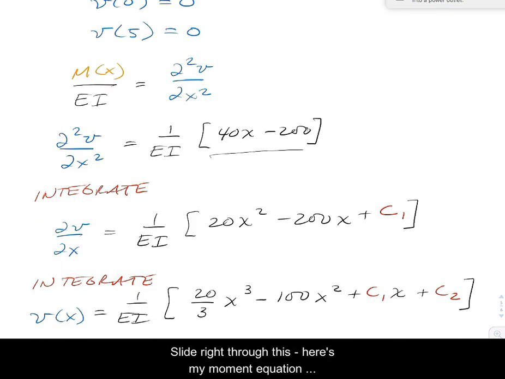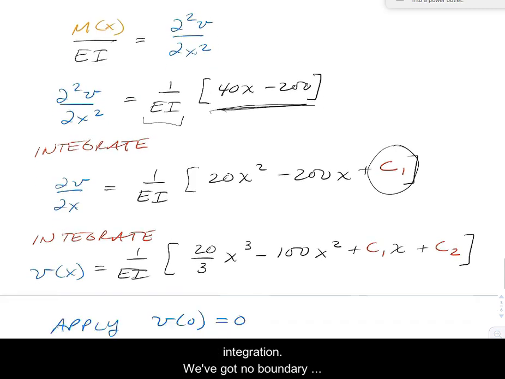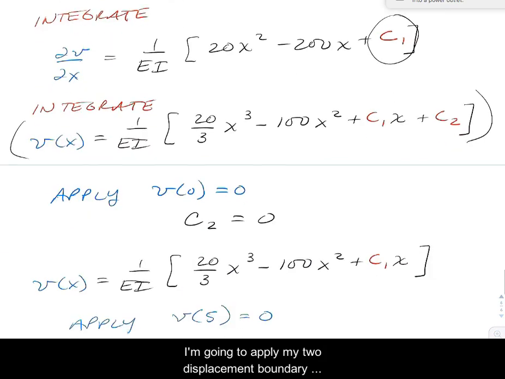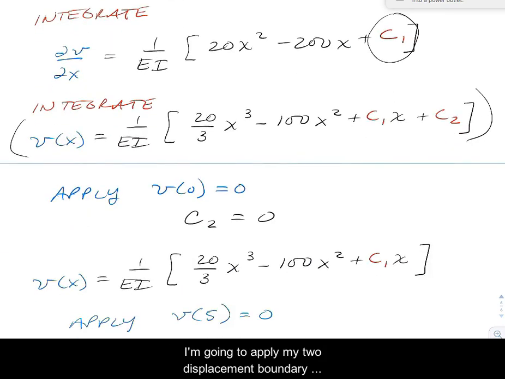Here's my moment equation over EI, which is equal to the curvature. We're going to integrate. We get a constant of integration. I've got no boundary condition based on slope, so I'm going to integrate again, giving me an equation for transverse deflection. I'm going to apply my two displacement boundary conditions.